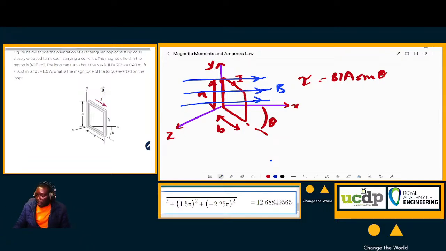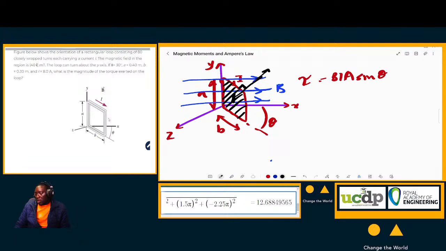So it means in this case, the area is the shaded region. We can shade it in black. And the normal to the area points in that direction, which makes it perpendicular to the current like that.